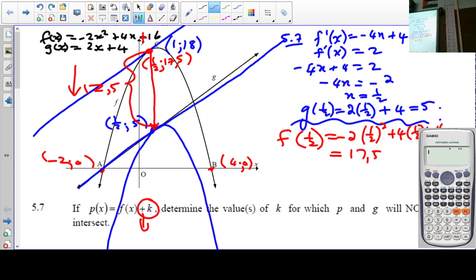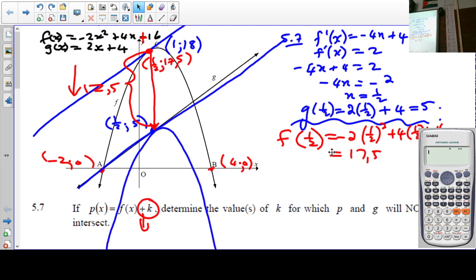So at k is equal to negative 12.5, the graph of P is a tangent to the graph of g. That means to say the graph of P is going to cut at one point only. Anything less than that, any value less than 12.5, it would not intersect any longer.